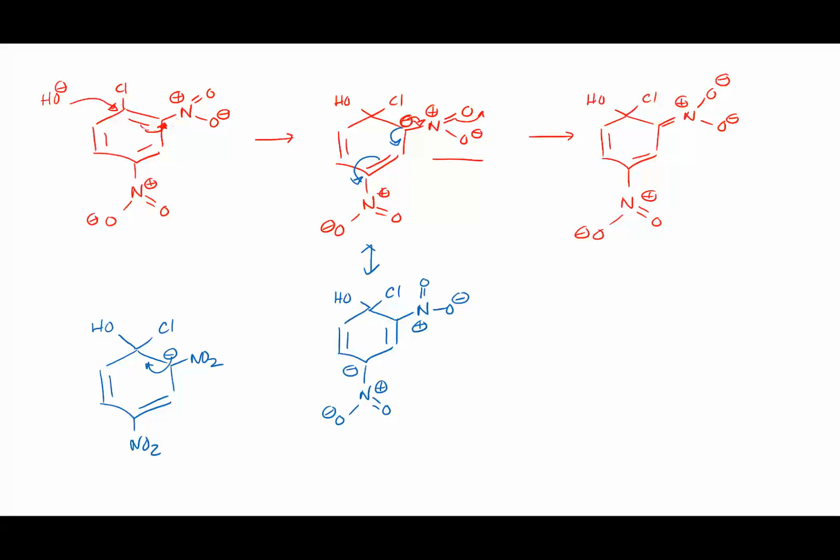So who's going to leave? Hydroxide or chloride? Chlorine, because chlorine compared to OH is a better leaving group. So the chlorine will leave, and I will make my final product, which will have the OH substituted for the chlorine.